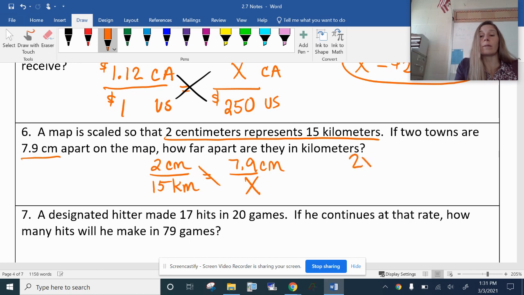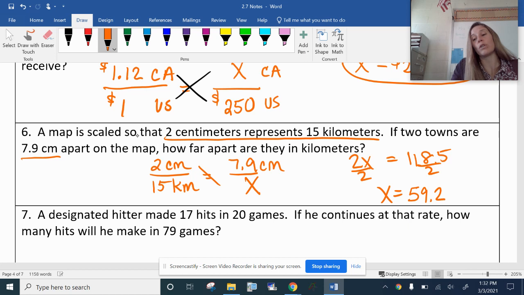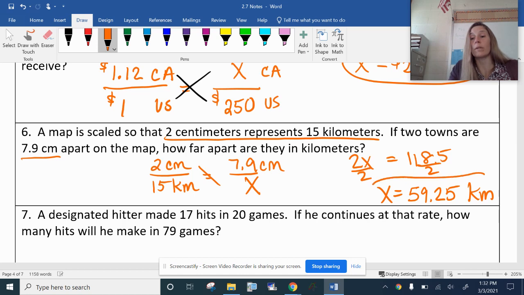So 2x equals 15 times 7.9 is 118.5. And then we would divide that by 2, giving me an answer of 59.25. And that would be in kilometers because that's the one that we're missing.